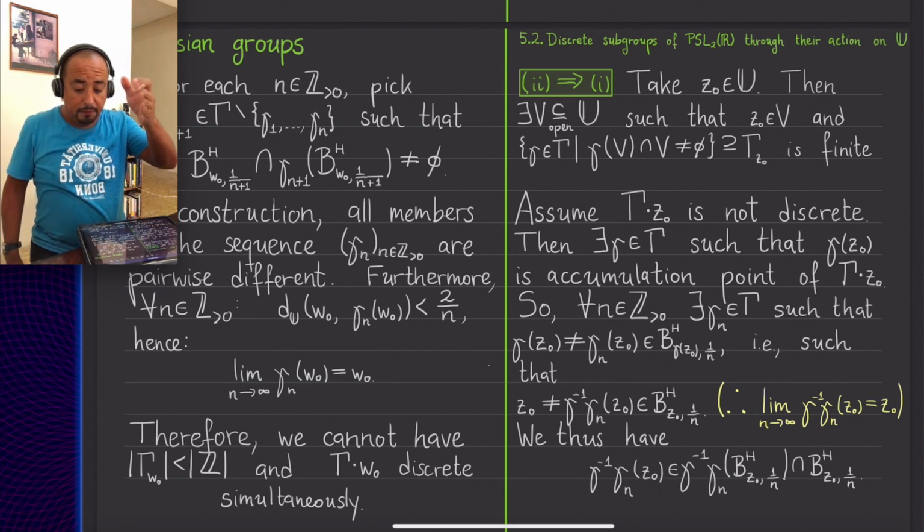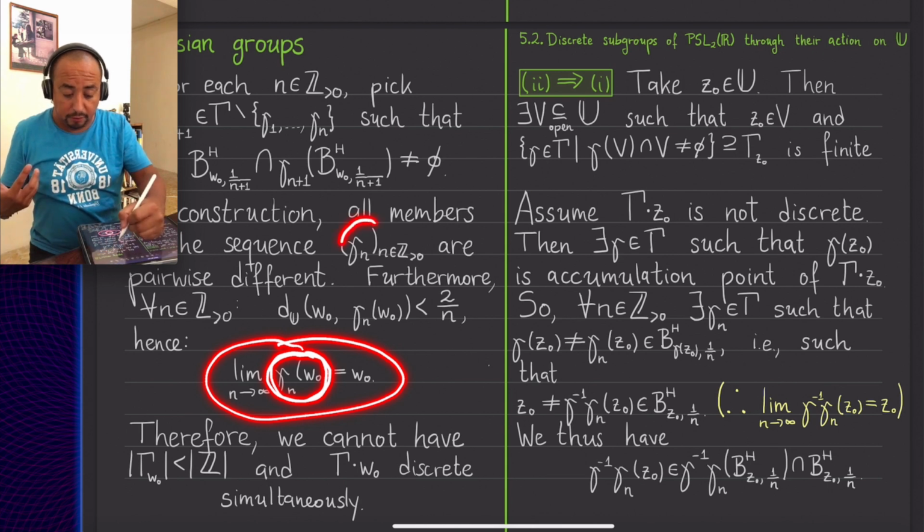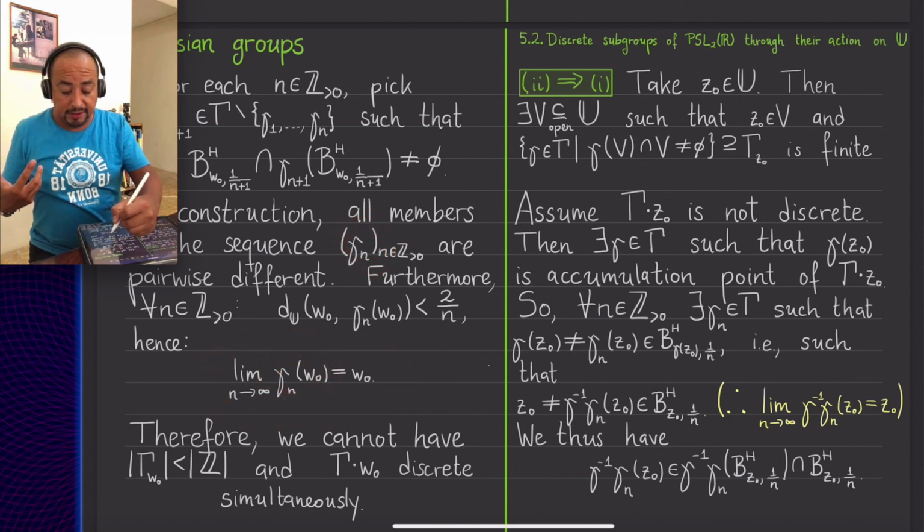Okay, but then this condition tells me none of this is W naught, because none of this belongs to the stabilizer. So this is a sequence that converges to W naught, but without ever becoming constant.